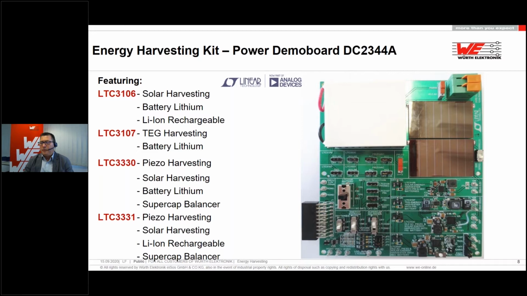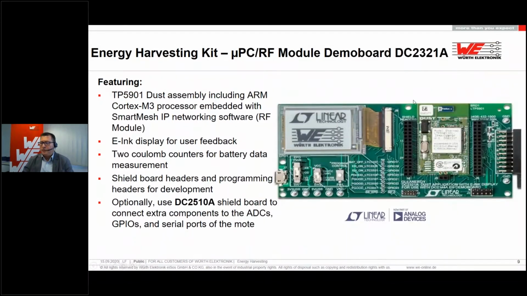For the smart board, I can tell you it's an ARM Cortex M3 core inside with the SmartMesh technology. You don't have to take care of the network IP and connection. So it's very clever. I think right now in the world, it's Analog Devices with this SmartMesh which has this low power consumption technology.